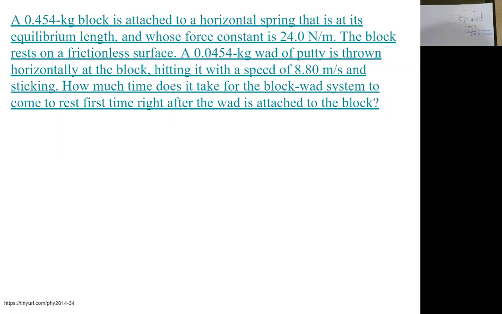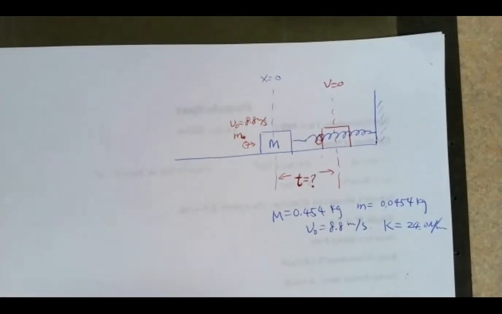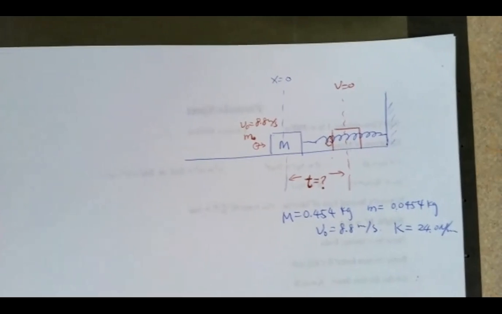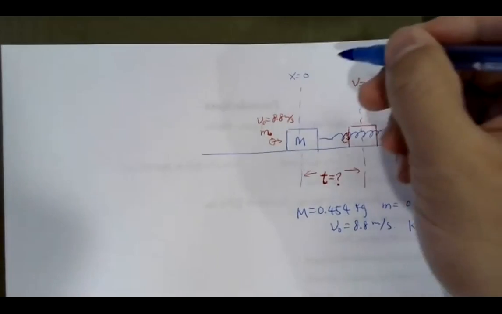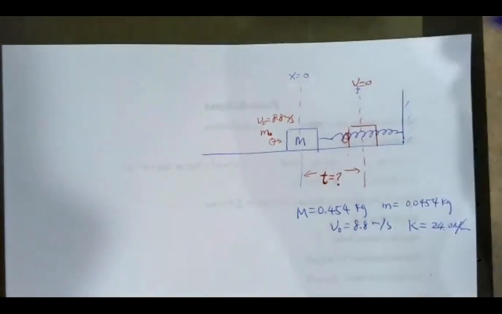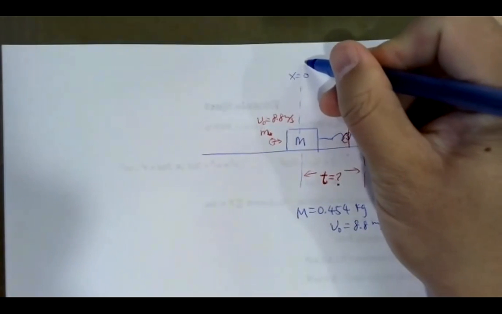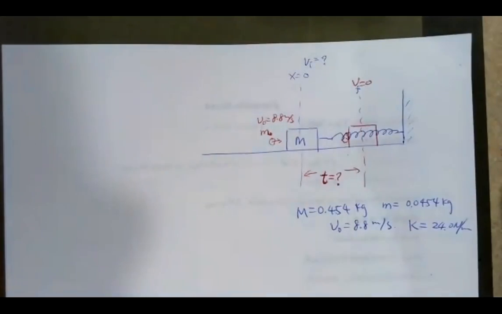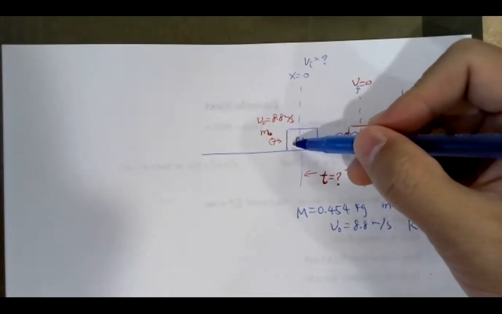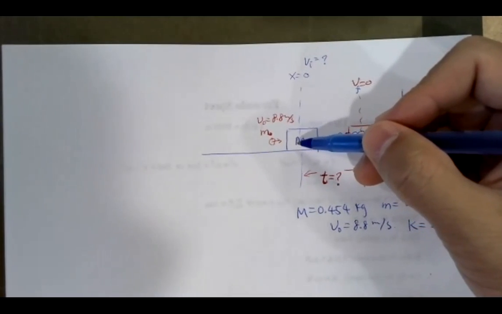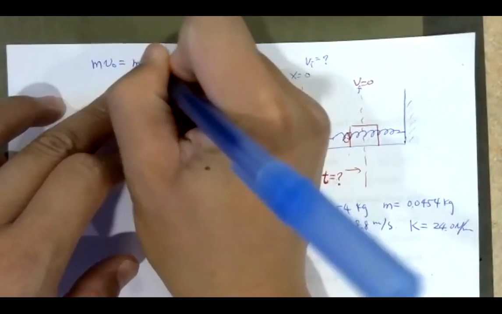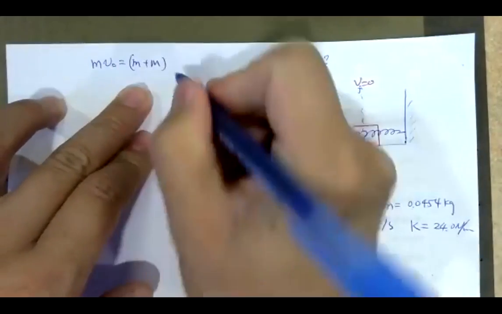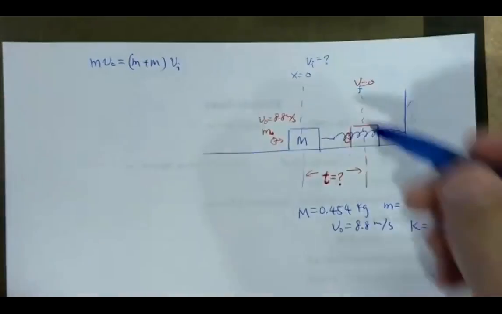Traditionally you would probably solve for the V here at this point. Let's call this V final. You can actually do that because this is a collision, so you can apply momentum conservation: small m V0 should be equal to the combined two masses times this V after the collision. You can solve for that.